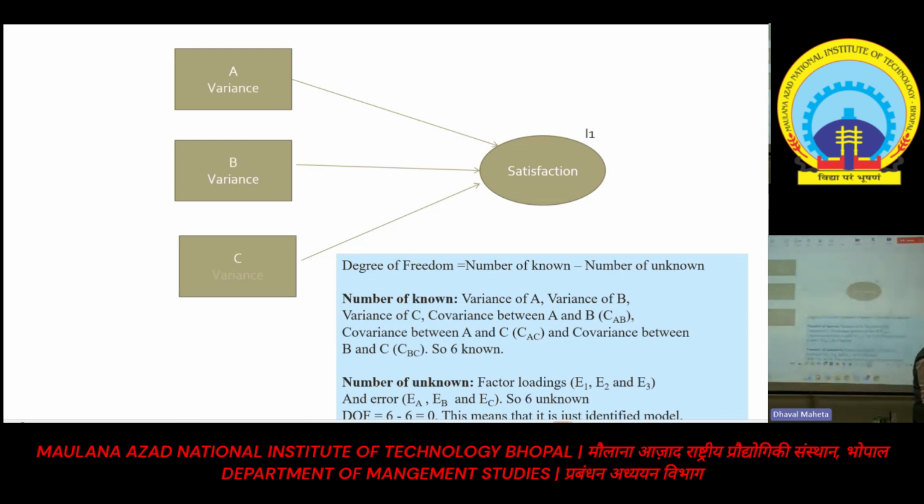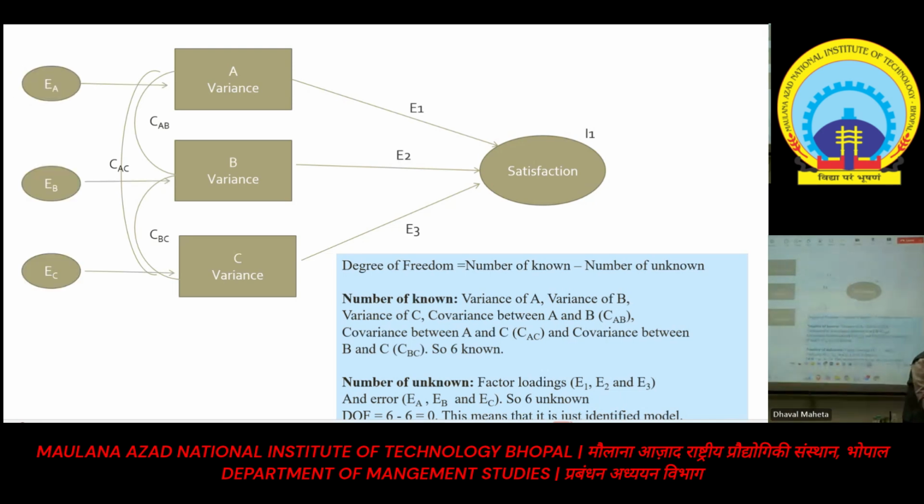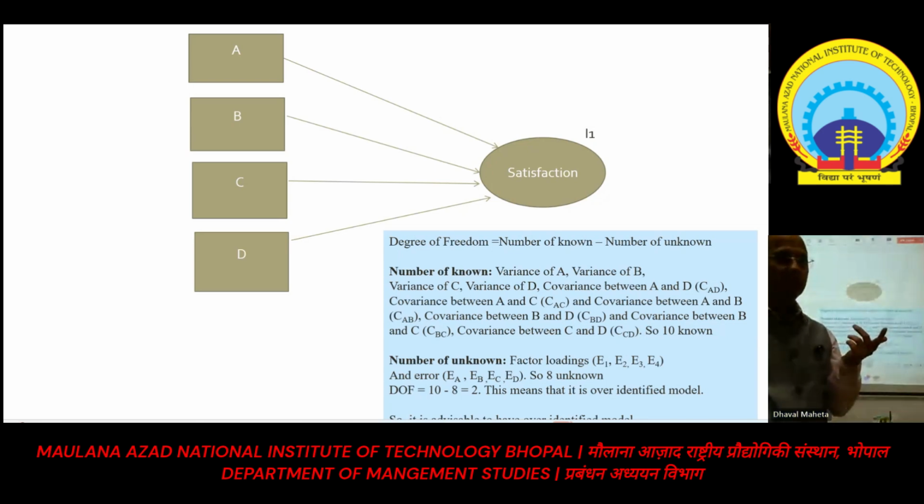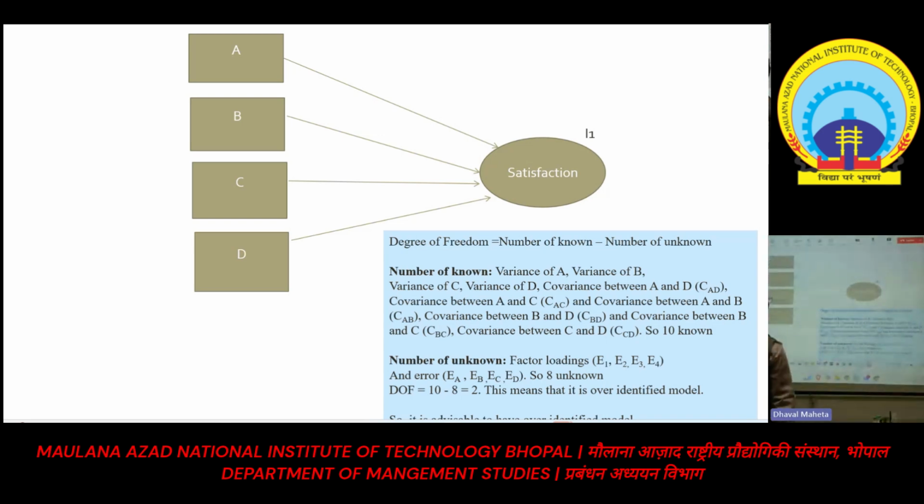Now 4. How many knowns in 4? It will be 10 knowns, not 8.